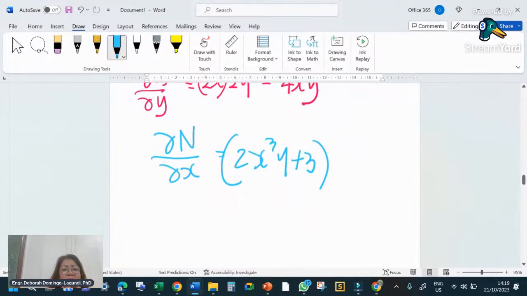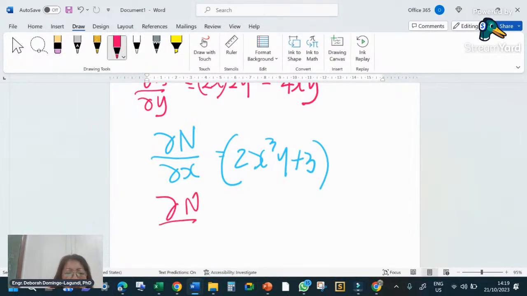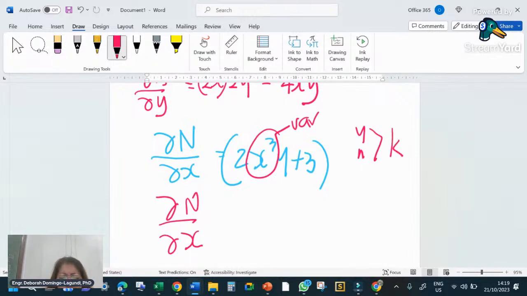We just get the expression. So the derivative of n with respect to x. Your x here is a variable, your y and number will be constant. So let's get the derivative of x cubed. That will be 3x squared.